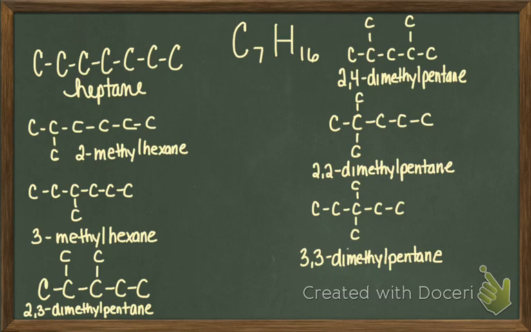So 2,3-dimethylpentane, 2,4-dimethylpentane, 2,2-dimethylpentane, and 3,3-dimethylpentane. So those are the first 7. Hopefully you did okay on those, and now we're going to take another methyl group on, and I will show you the butanes on the next slide.